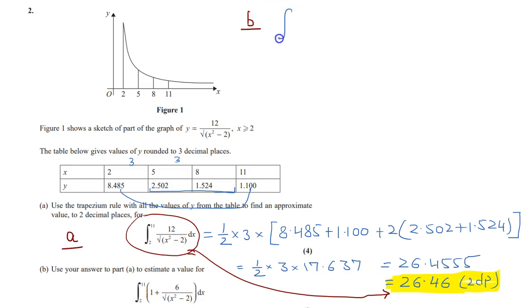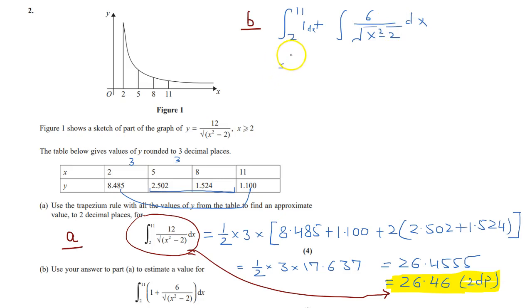So integral 2 to 11, we divide this 1 plus integral, this is also dx. This is 6 over root x square minus 2 dx.